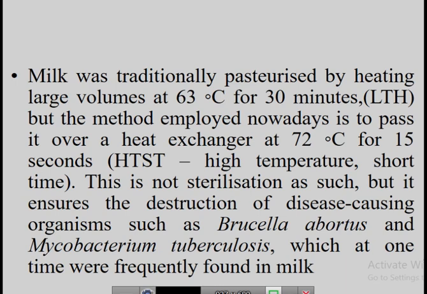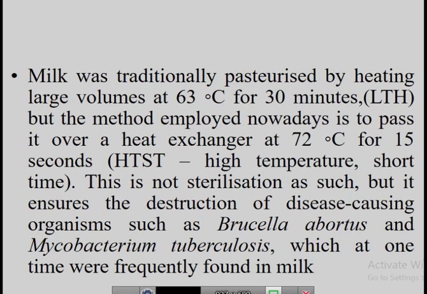The temperature used in LTH, low temperature heating, is 63 degrees Celsius for 30 minutes. So this is one of the methods of pasteurization, low temperature heating, that will reduce microbial count. That will not remove all microorganisms, but that will reduce microbial count. Then another method of pasteurization is HTST, high temperature short time.